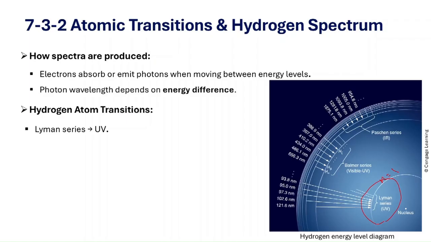Next, when electrons drop to level 2, n equals 2, those photons are in the visible range, red, blue and violet. So these are called the Balmer lines. They are the only hydrogen lines we can see directly because they are in the visible region, right? And next is the Paschen series. They occur when electrons drop to the third level, n equals 3.